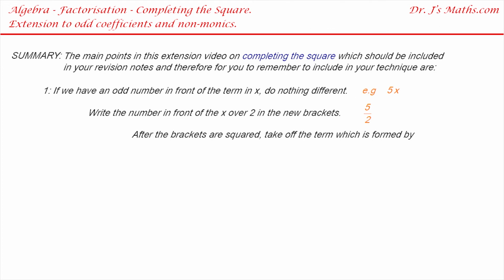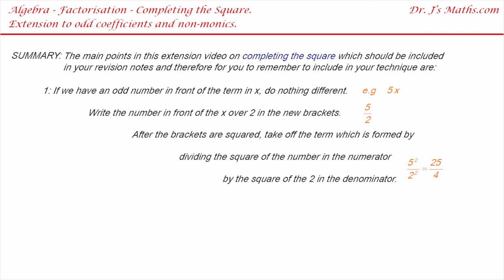After the brackets are squared, we take off the term which is formed by dividing the square of the number in the numerator, that is 5 squared, by the square of the 2 in the denominator, 2 squared, which is 4. So we're going to take off the 25 over 4. Really, that's the only thing that's different, and so we proceed as normal after that.